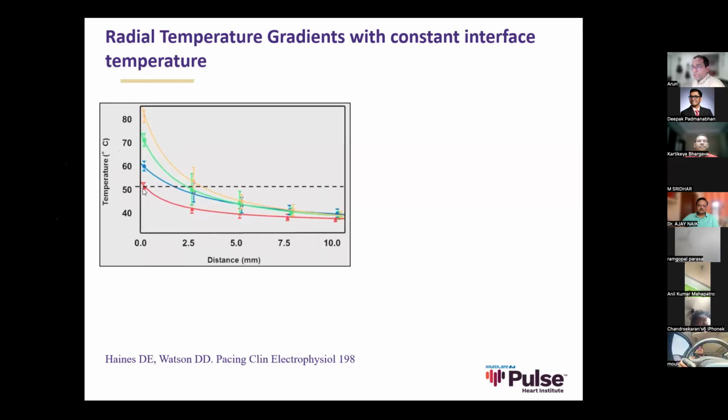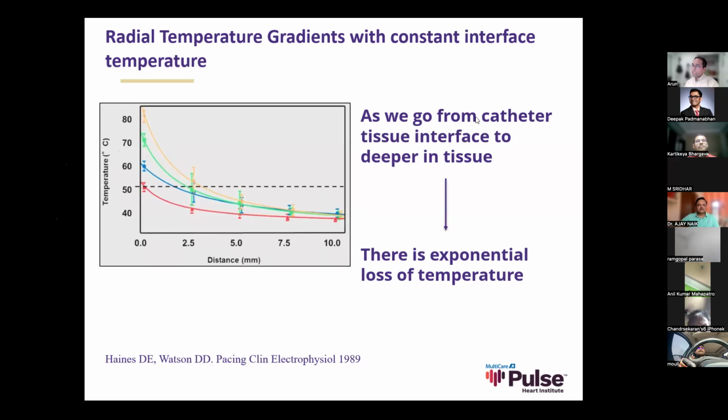If you take the 50 degree interface temperature, you will see that the ablation is effective only for about 0.1 or 0.5 millimeters. This is the most important concept. You have to see how much of the tissue you are able to heat to beyond 50 degrees Celsius. As we go deeper from the catheter into the tissue, there is an exponential loss of temperature.